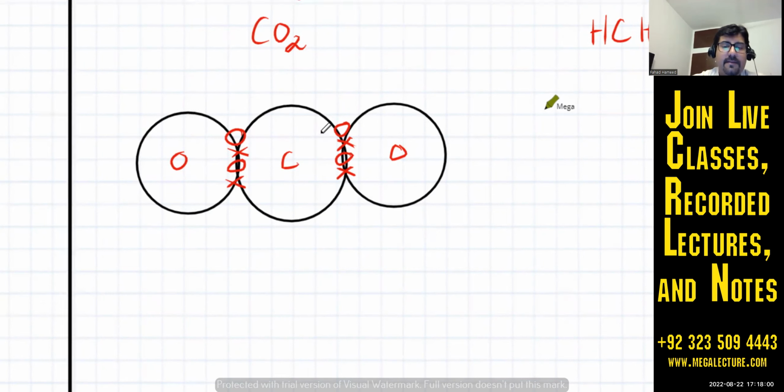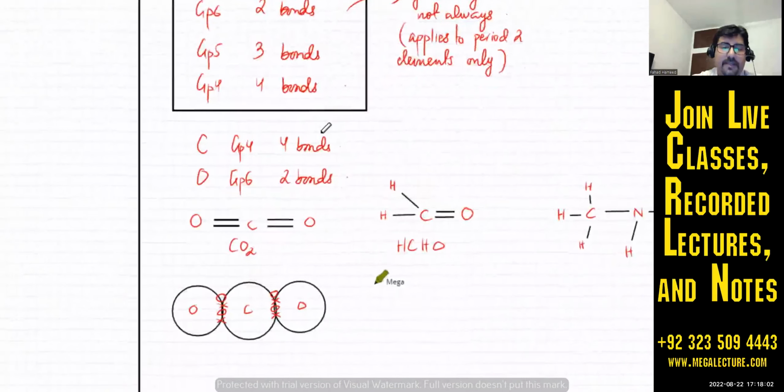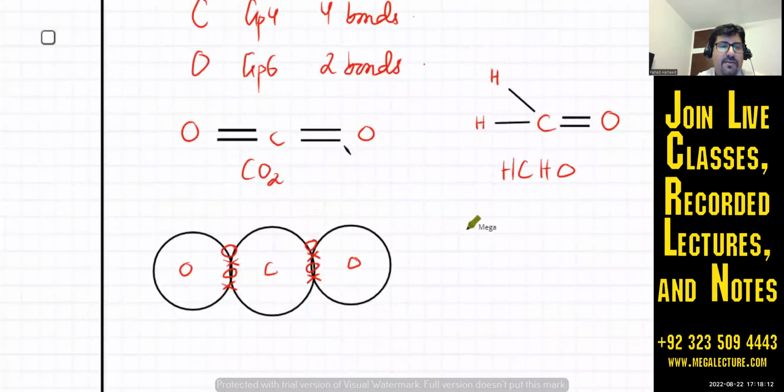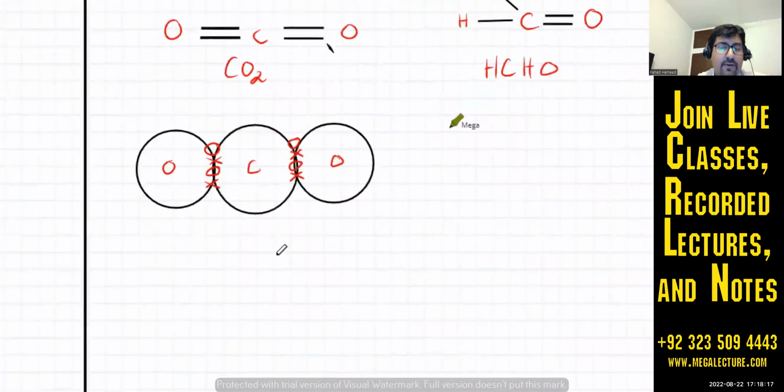In this case, remember to draw the remaining electrons. I said, remember to draw the remaining electrons. That carbon has 4 electrons. All 4 got used up, 2 over here, 2 over here. Oxygen is in group 6. It had 6 electrons.